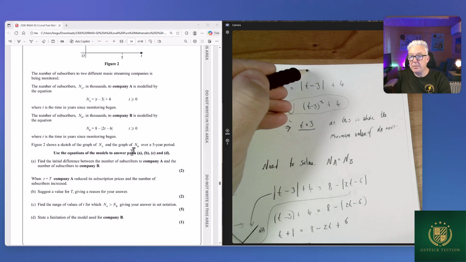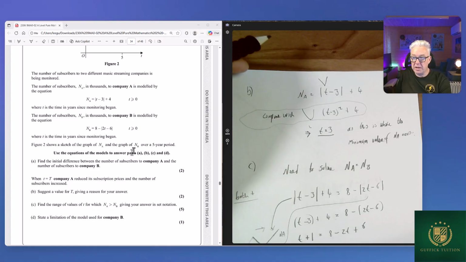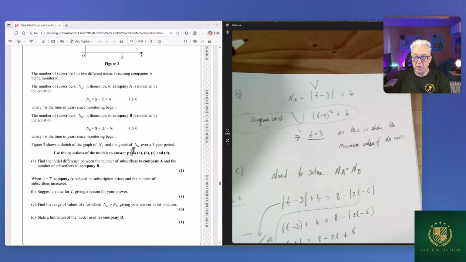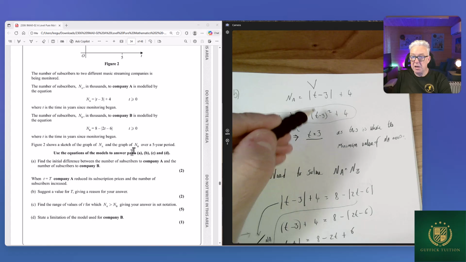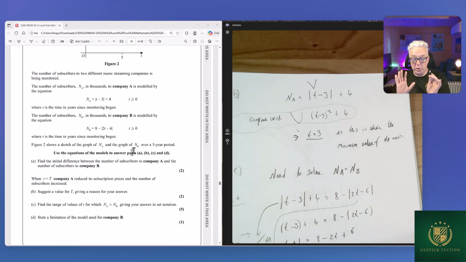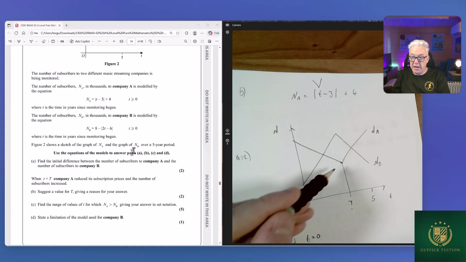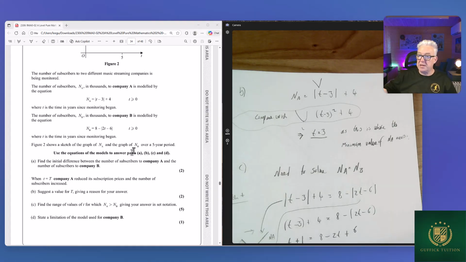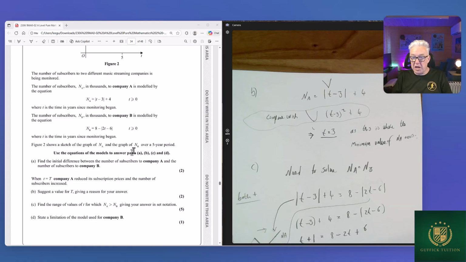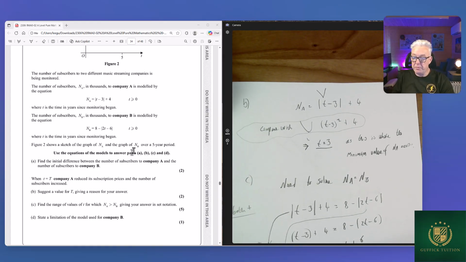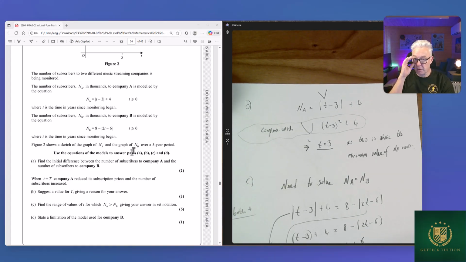And it's very, very similar in terms of how you think about these modulus graphs. So we've got the modulus of t minus 3. Therefore, the vertex, the pointy bit, the turning point, this point here, is going to occur when t is 3. Okay, so t is 3. And what's our justification? Well, it's because that's where the minimum point of that graph occurs. Okay, that's part B. t is 3.